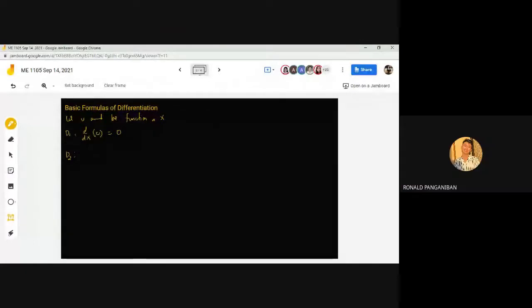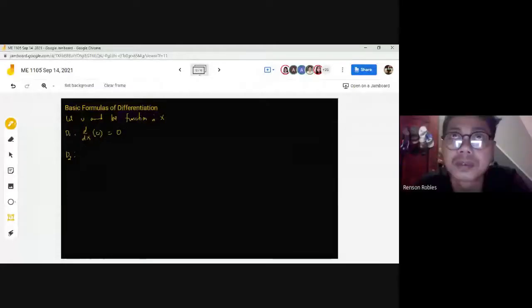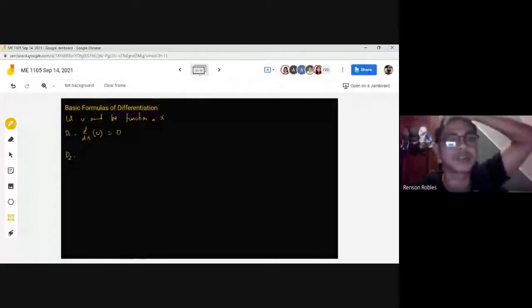The limit of any constant is constant. The limit of a constant is constant, not 0. Yes sir, that's right. Why is the derivative of a constant 0? Yeah, it's a rule, but why is there a rule that the derivative of a constant is 0?